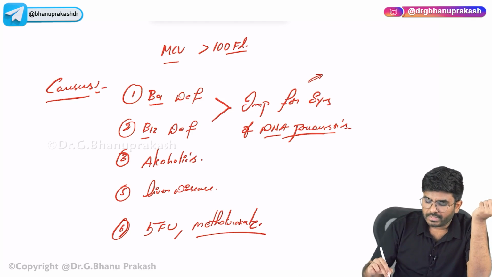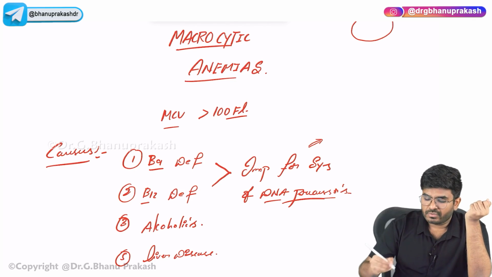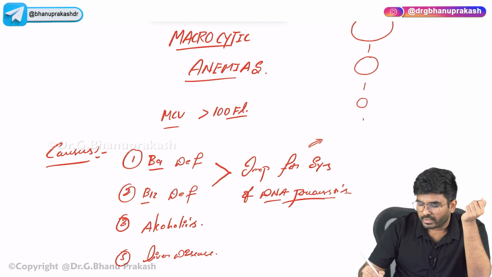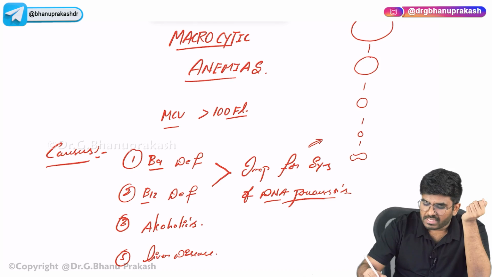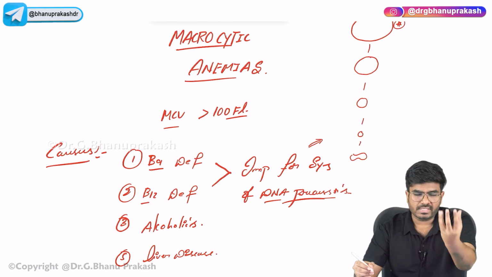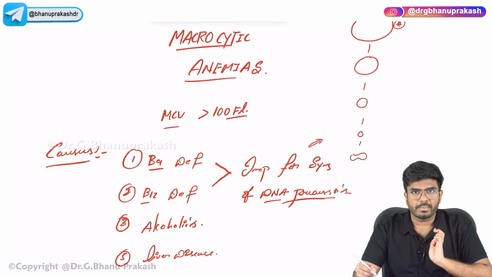The point I want you to know is that you require cell divisions for the production of mature cells from the immature cells, which are called blastic cells. Hematopoiesis is happening, from the hematopoietic stem cell to the mature RBC.